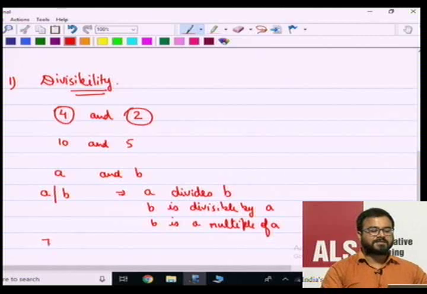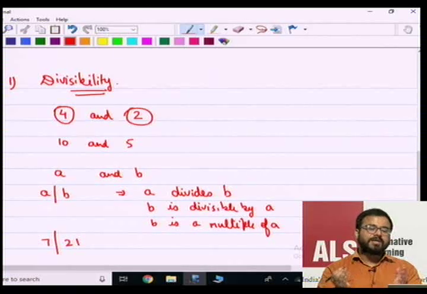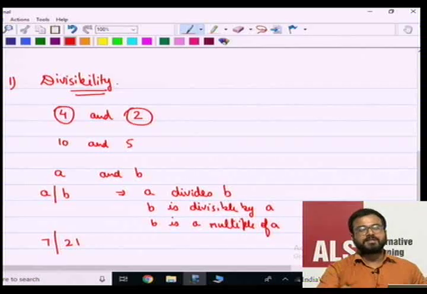So if I write 7 vertical line 21, the meaning is that 7 divides 21, or 21 is a multiple of 7, or 21 is divisible by 7. So this is the notation.